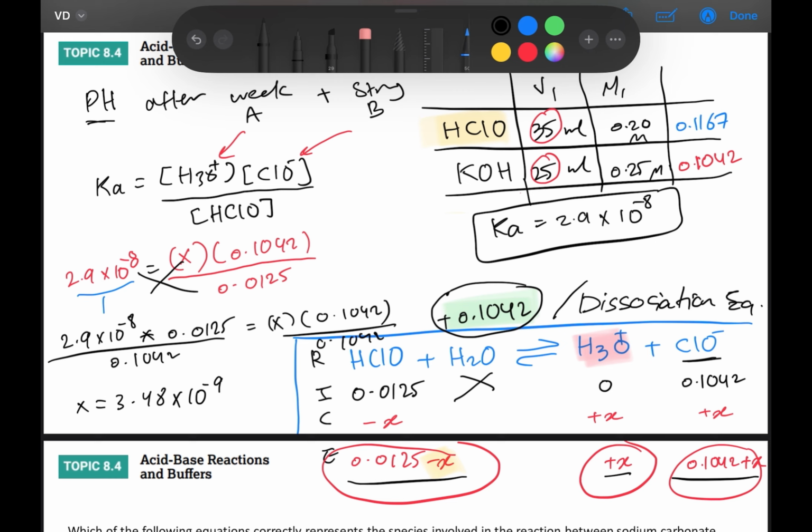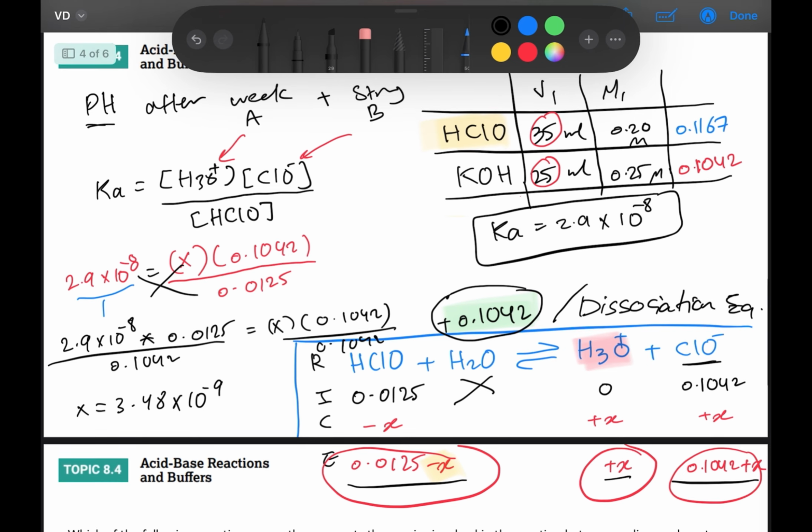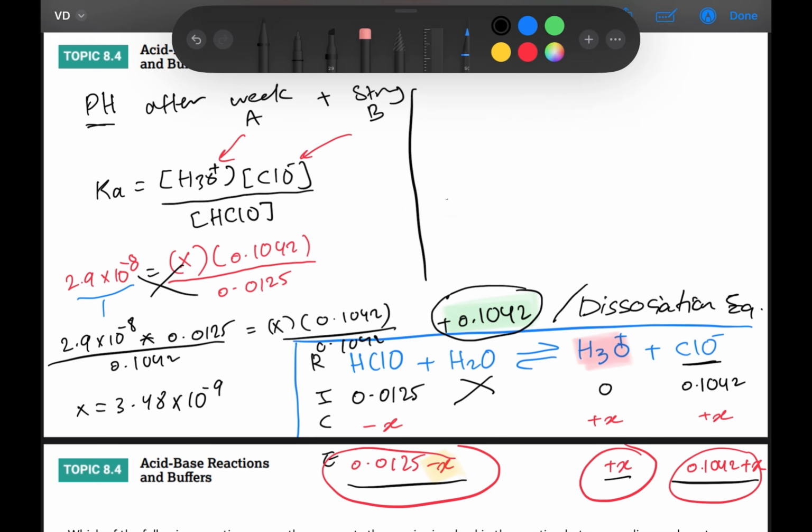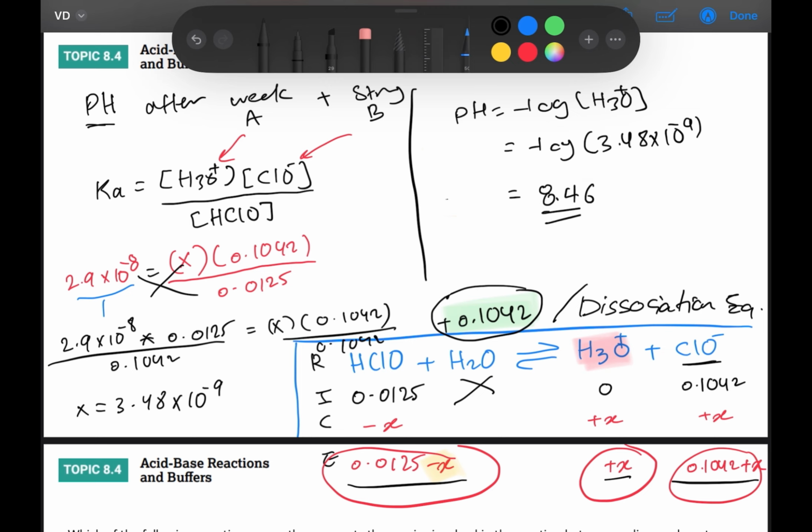If you want to calculate the pH for this solution, the pH is equal to negative log of the concentration of H3O plus, which is negative log of 3.48 times 10 to the power negative 9, and you end up with a pH of 8.46. Notice that this is a slightly basic solution.